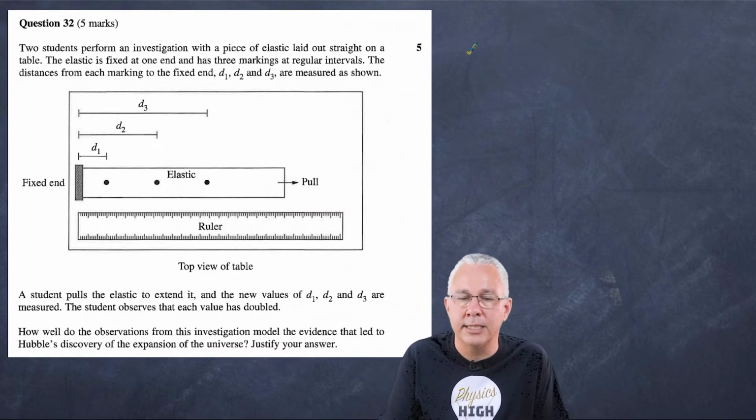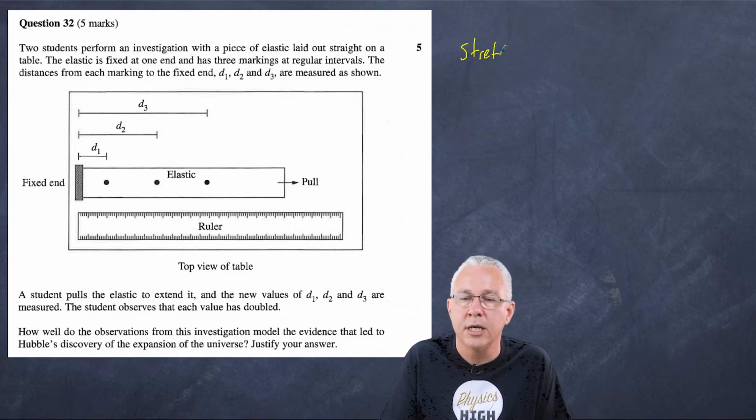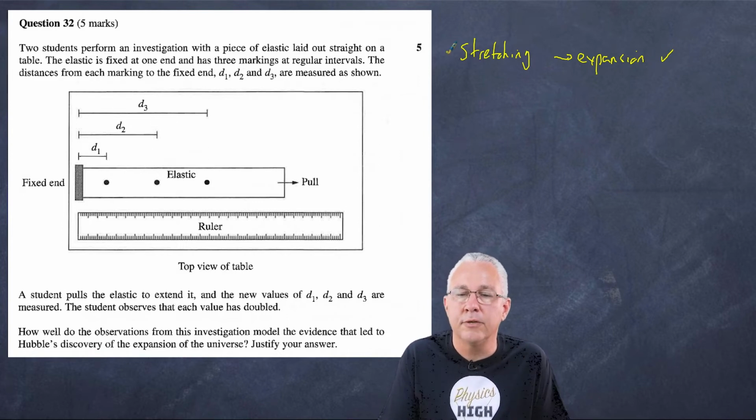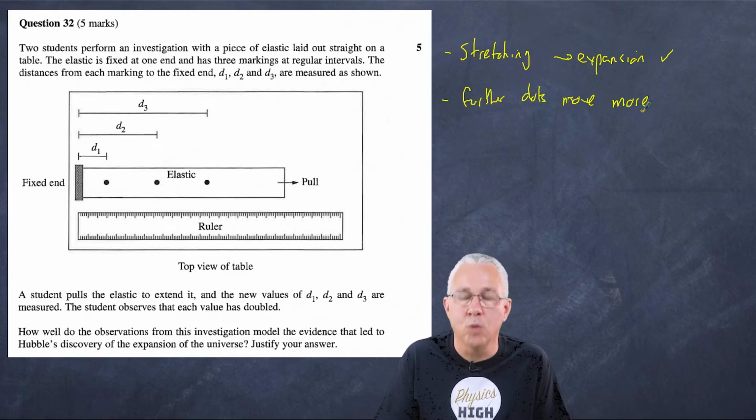First of all, the elastic distances are stretched. So this idea of stretching our rubber band relates to the expansion of the universe. So that's the first thing that is good about this model. Secondly, you can relate that further objects move more, or in other words, they are faster.